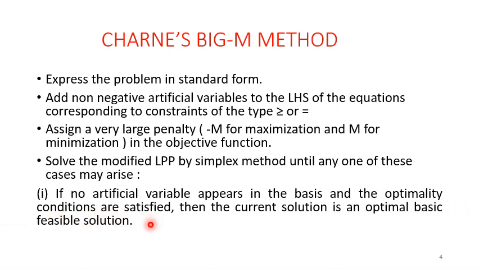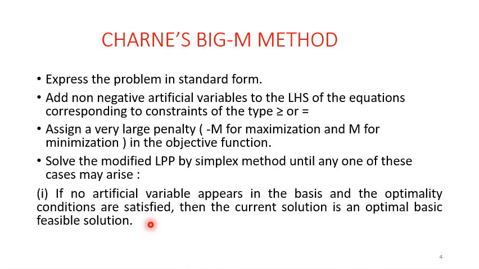We are now talking about the end. When can you say that a particular problem has reached optimality? The optimality conditions remain the same here. For a maximization problem, when all Cj minus Zj values are less than or equal to 0, we say optimality is reached.